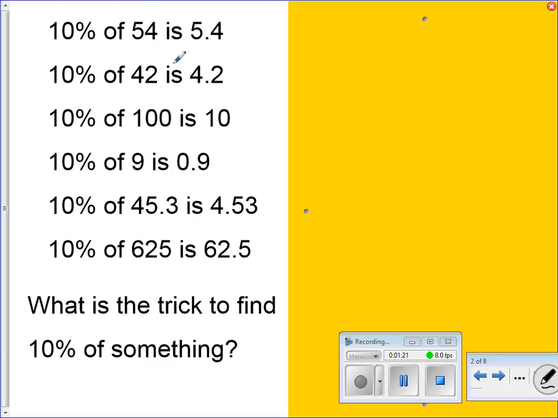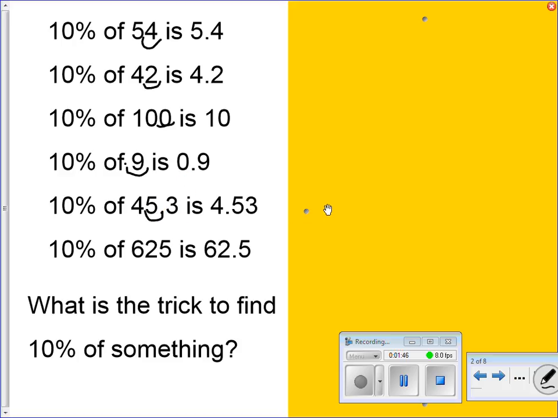The only thing we've done here is we've moved the decimal over once to the left. So to find 10% of a number, all we do is move the decimal place over once to the left. So 10% of 100, move my decimal place over, is 10. 10% of 9, move my decimal place over here, 9/10. And so on and so forth.